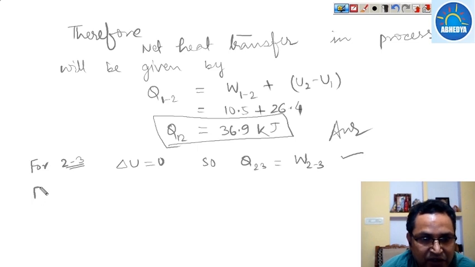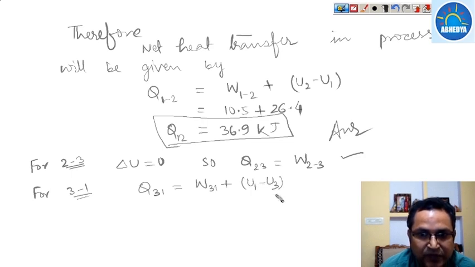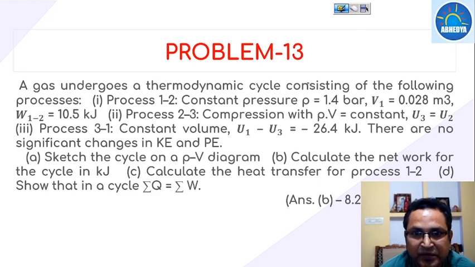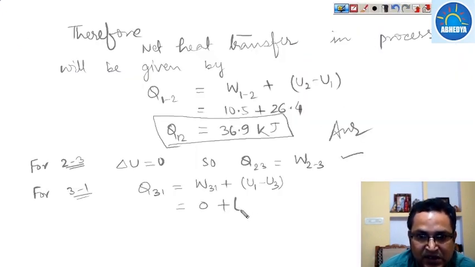And for 3 to 1, Q31 is nothing but it is W31 plus U1 minus U3, because change in internal energy is final minus initial. Work done here is 0, and U1 minus U3, this value is given, minus 26.4.